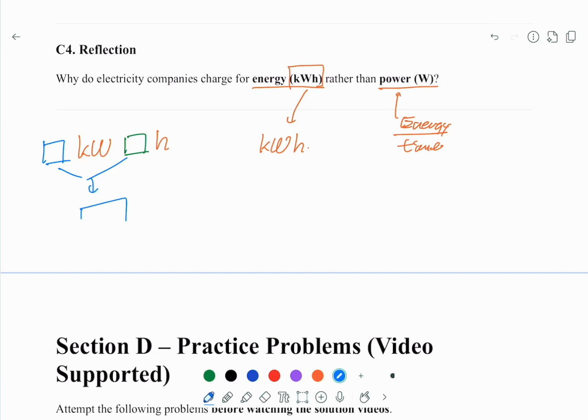And this new number, you know this is the unit of energy, a new unit. It corresponds to this one. And the electric company can just multiply this one for the rate. I mean, for each kilowatt hour, how much they are going to charge you. In this example, it is 30 cents.